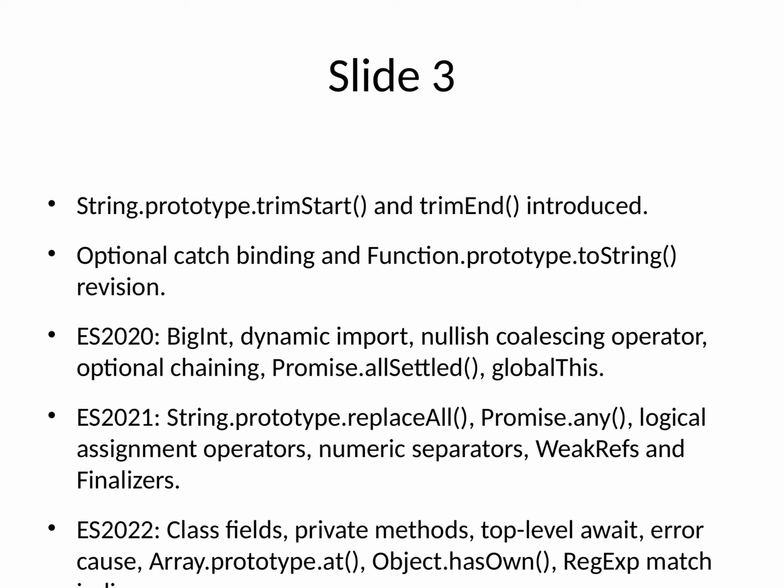Optional chaining simplifies accessing nested object properties. Promise.allSettled enhances promise handling, and the globalThis object offers a universal way to access the global scope.